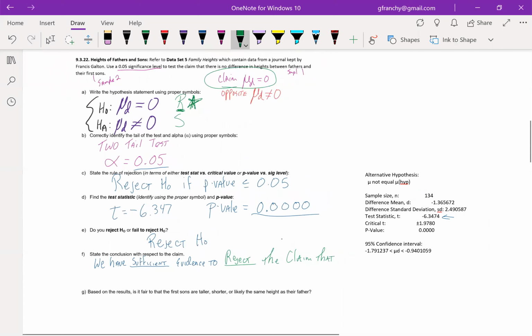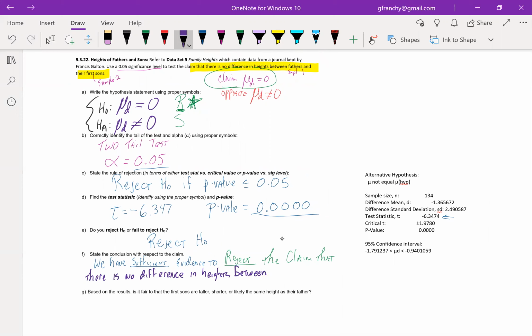And then the last bit of this is to go ahead and write the claim, which is that there is no difference in heights between fathers and their first sons.